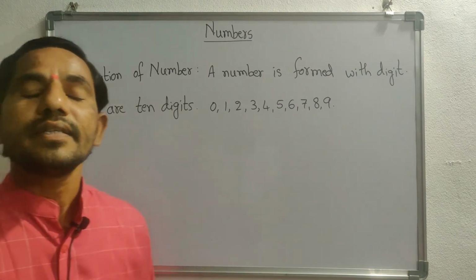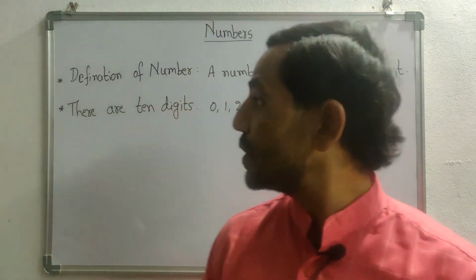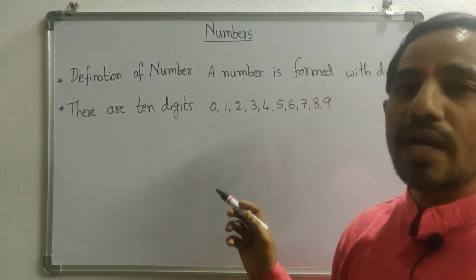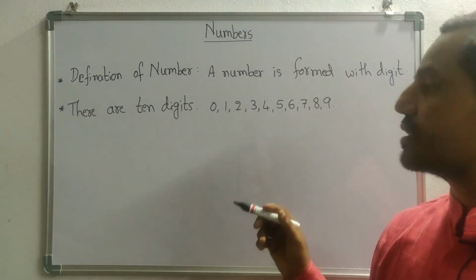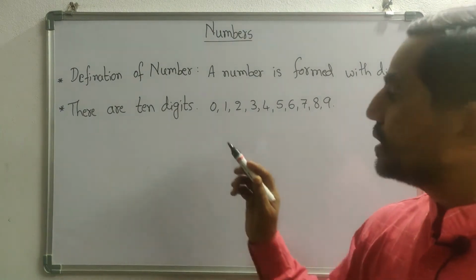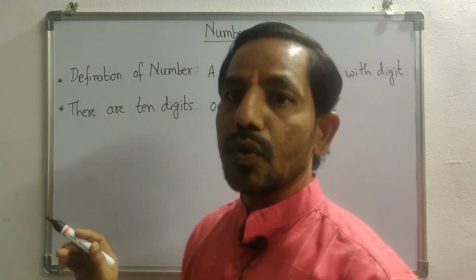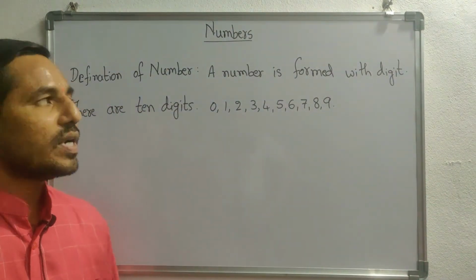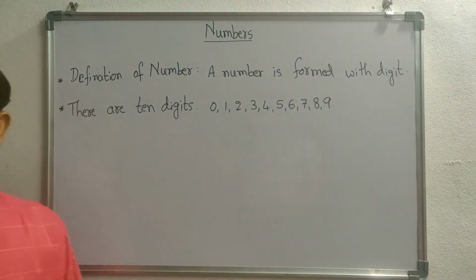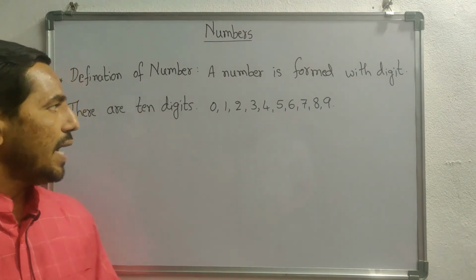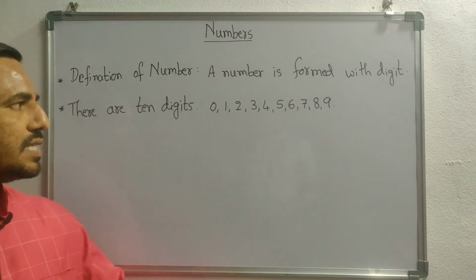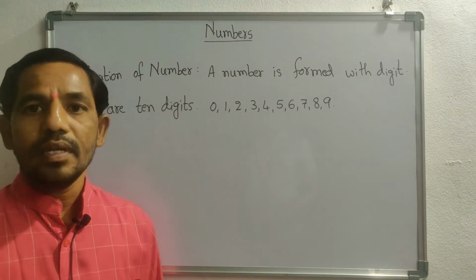There are 10 digits: 0, 1, 2, 3, 4, 5, 6, 7, 8, 9. Once again, a number is formed with digits and there are 10 digits, 0 to 9.